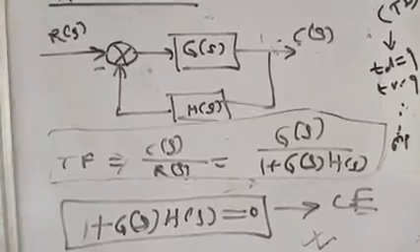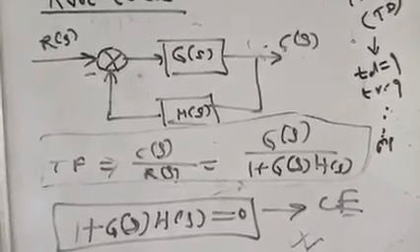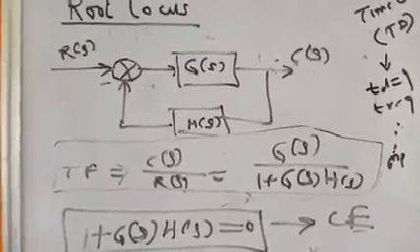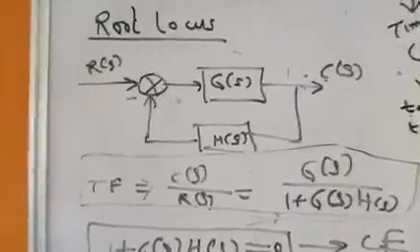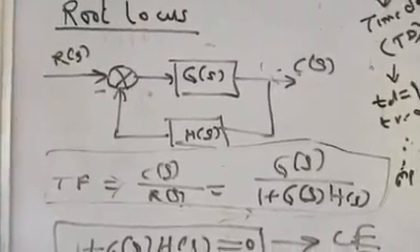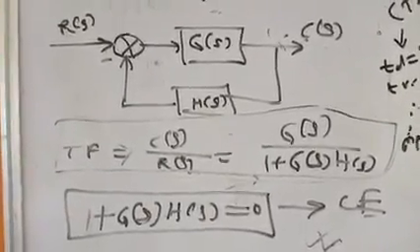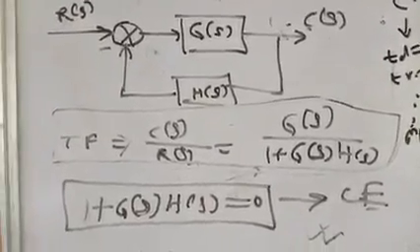Dear friends, we already told about the objective of a control system. In our syllabus we have 3 points. First, representation of control system. Second, analysis of control system. Third is design of control system.